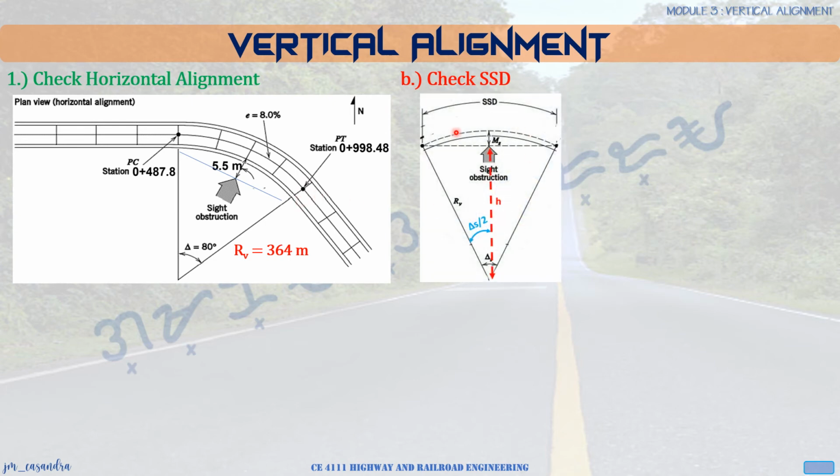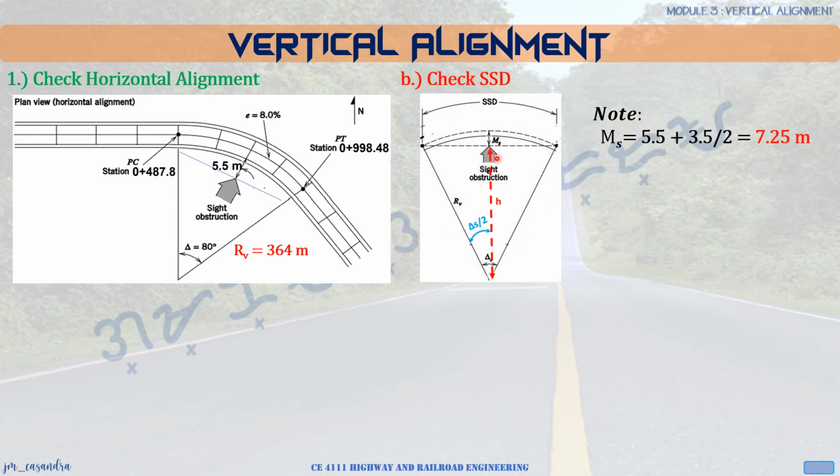Okay, so from our surveying, we know that H here, so we want to know the value of H, and MS will be equal to 5.5. We're going to solve now for the value of the SSD.